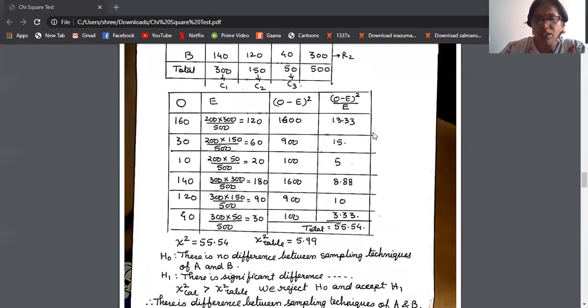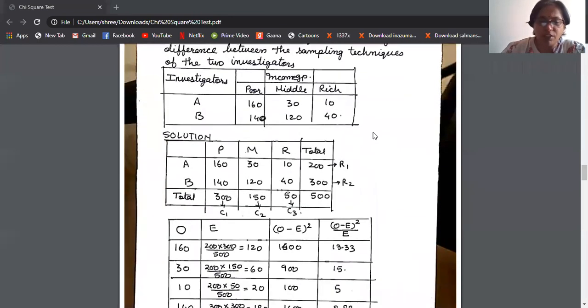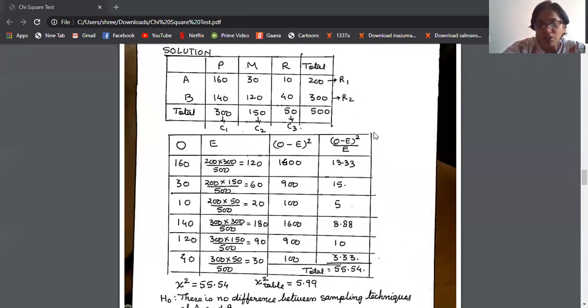Yes, I wanted to tell you something about this table. When we are calculating this table, now instead of calculating expected frequency for all the values together, what you do is take up 160, take up only one observed value, and go row wise.